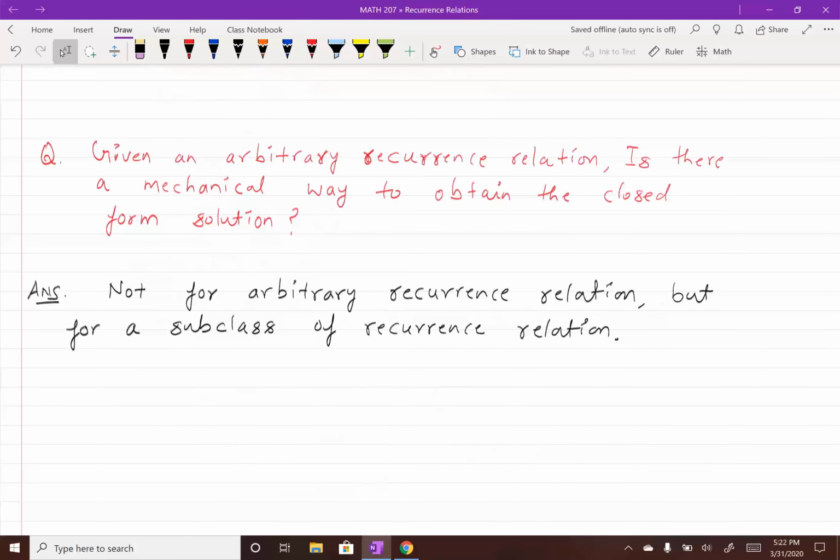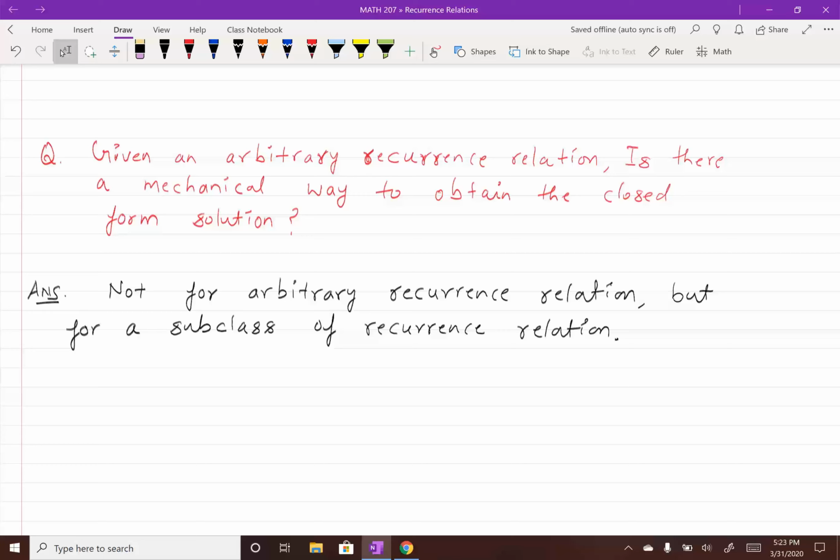Now this trick of solving the recurrence relation works for certain examples where we can move upward and do forward substitution, or move downward and do backward substitution, but it's not going to work for every example.